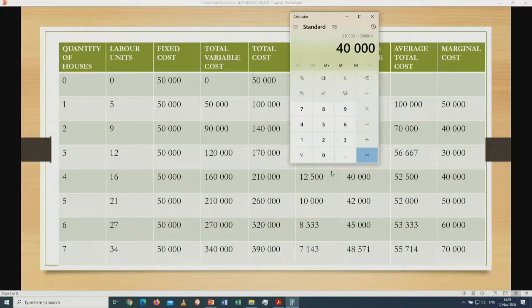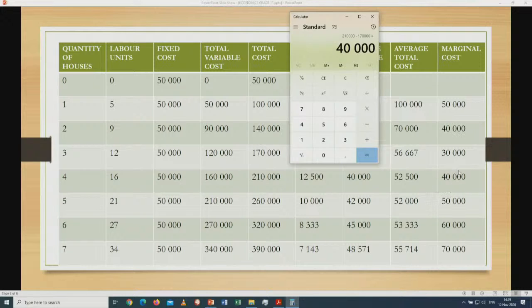But remember, it is actually your total cost that you have now, minus the total cost that you had previously, divided by what you have produced now as opposed to what you produced previously, and that gives you the extra cost for the unit that you produced.